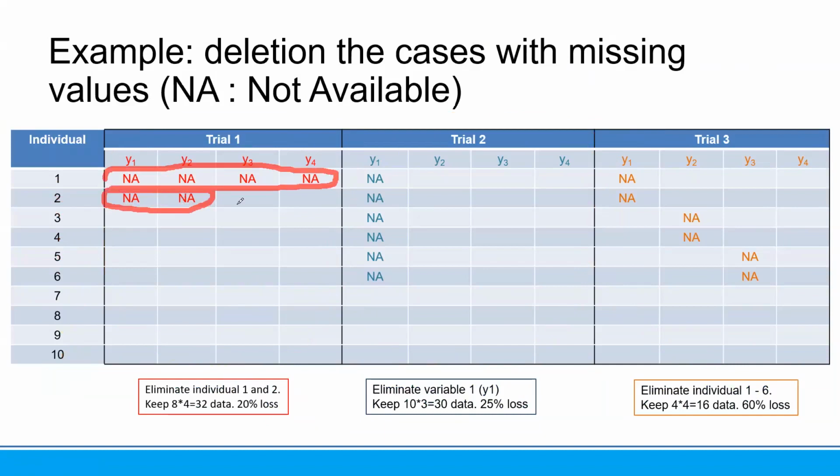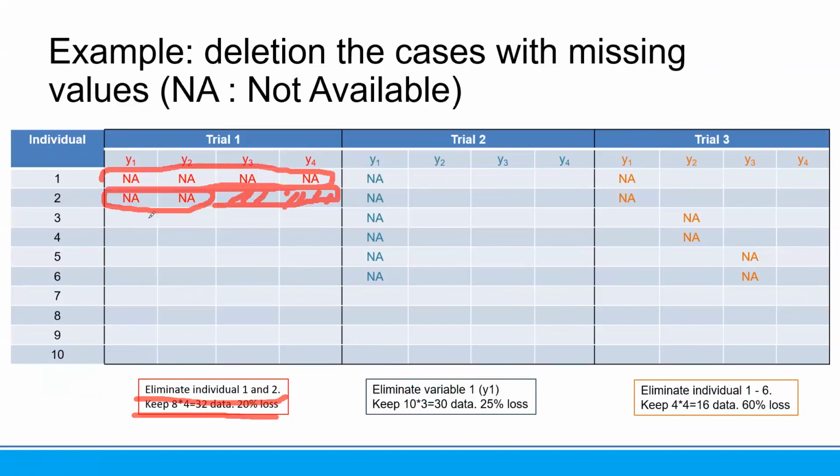When it is not available, it means you need to also delete this. When you delete this one, it means we eliminate individuals 1 and 2. So we have 8 multiplied by 4. How do we calculate this?